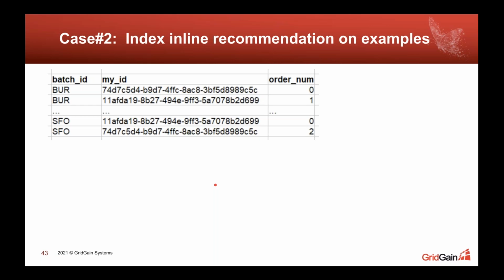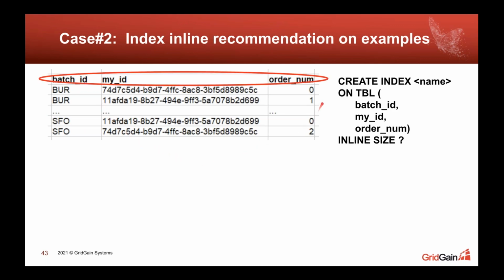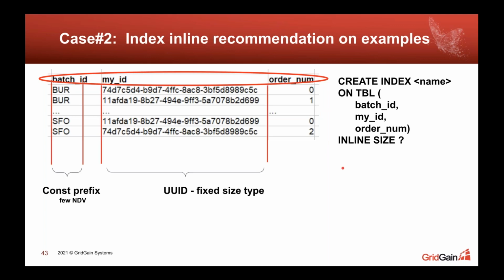Another example: imagine that you have the first part of an index as batch ID. Unfortunately, it has only a few unique values, so it's not very selective. And the second part is a UUID.